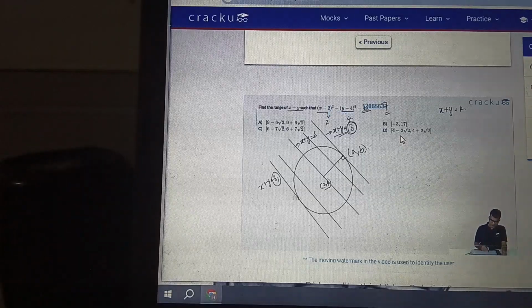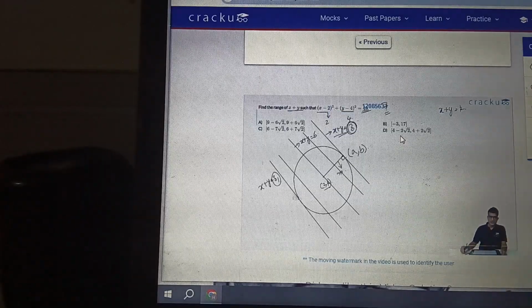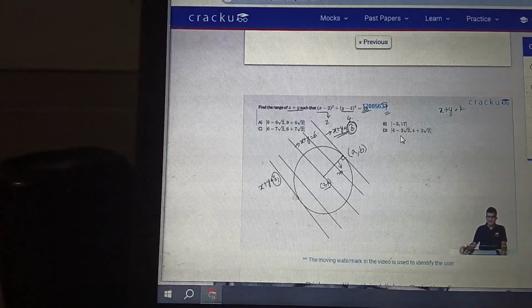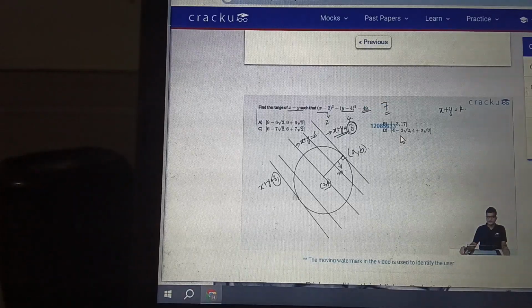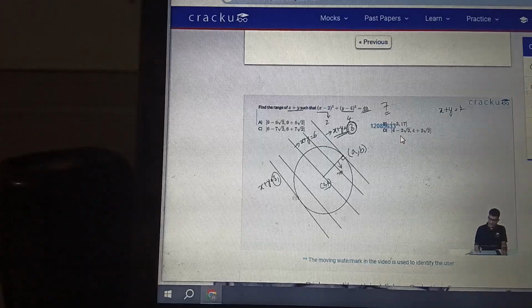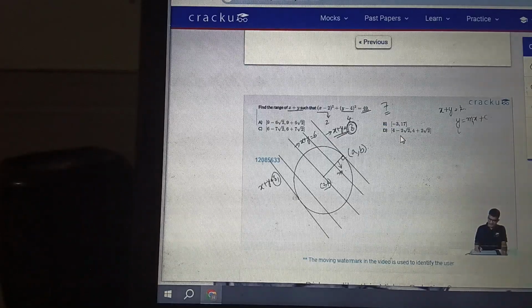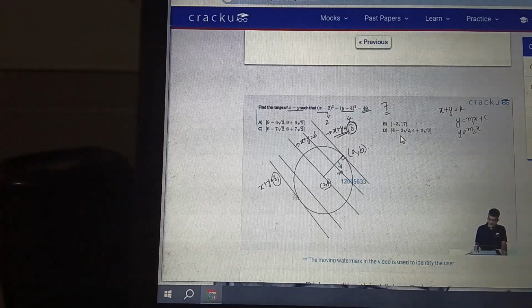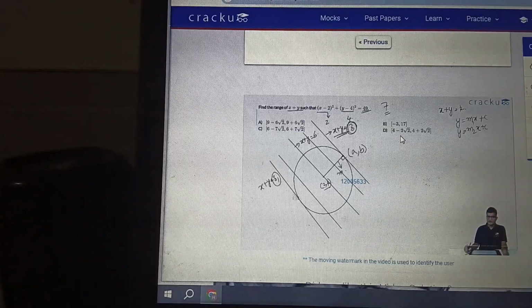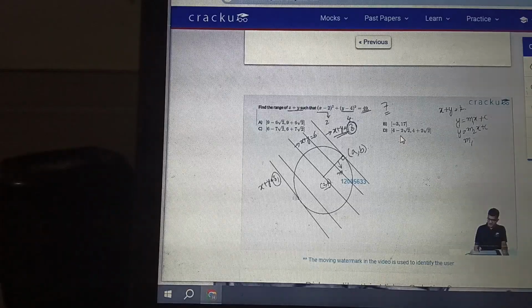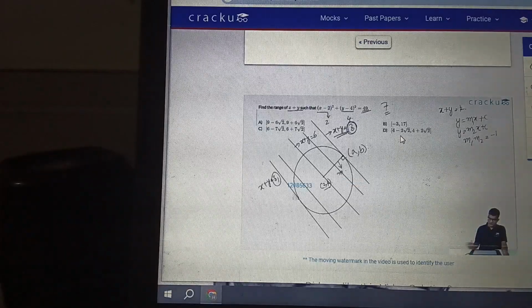So if the slope of this line is m, and you multiply it by the slope of the given line, the product has to equal minus 1. Because if you have two lines y is equal to m1x plus c and y is equal to m2x plus c, and both are perpendicular to each other, the product of the slopes m1 into m2 is equal to minus 1.